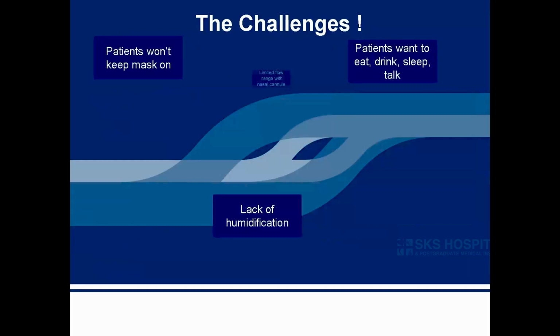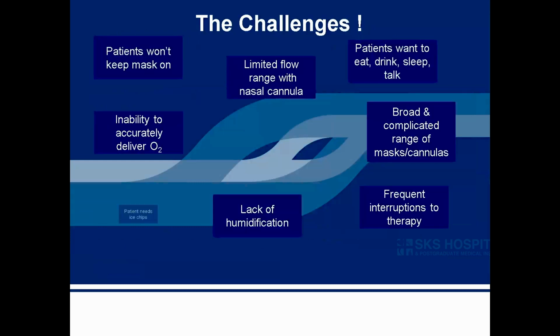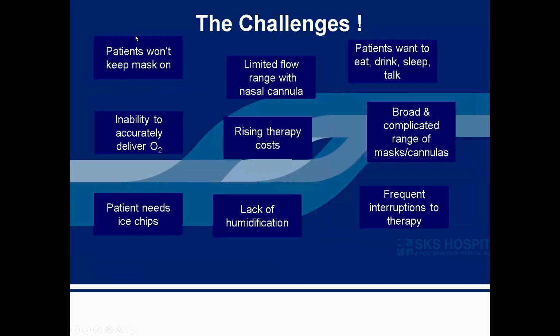But what are the challenges when we use these nasal cannula and oxygen mask? First thing, maybe the patient won't keep the mask on every time. A limited flow range with nasal cannula, like you can go from 1 to 3 liters. Whenever we go more than 3 liters, the dryness, the discomfort, etc. will be high.